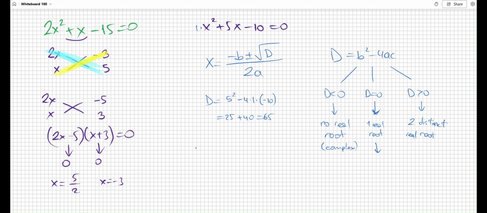That means I will have two real roots. So x1 and x2, I'm going to combine them. Negative b, since b was positive 5, negative b will be negative 5, and then plus minus root 65 divided by 2 times a, since a was 1, 2 times 1 is 2.